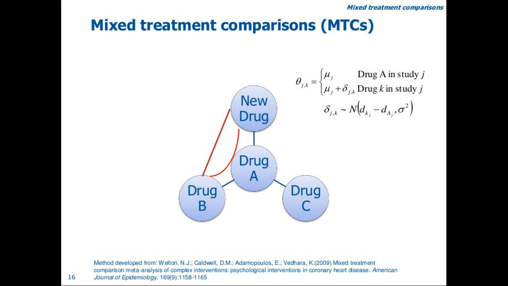So the model I'm using here is based on the model by Welton et al. And Nicky Welton and everyone else is referenced down here. I'm not going to go into a huge amount of detail on the specific statistical model that we use, because there are various other adaptations to it, and there's a whole series of training sessions available to try and explain those, and that really has to build up from quite simple statistical underpinnings.